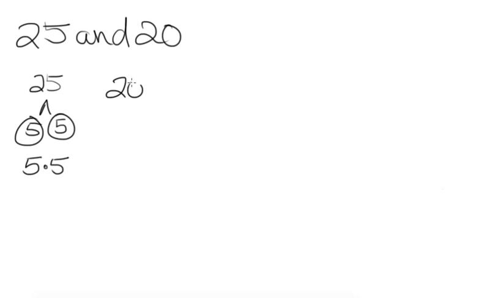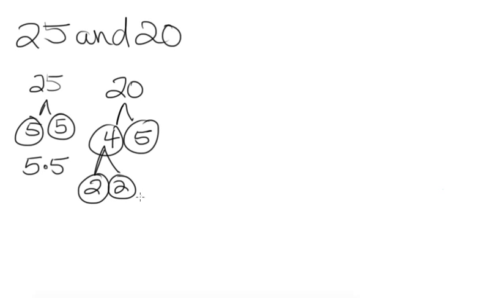And the prime factorization of 20 is 4 times 5. Nope. Whoopsies. Did you see what I did? Consider that not circled. 2 times 2. Then let's go back and write the actual prime factors. 2 times 2 times 5.